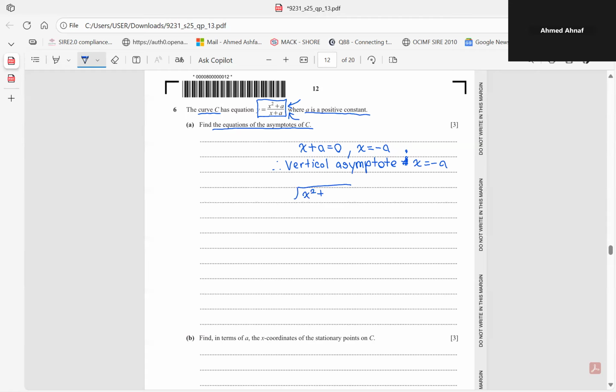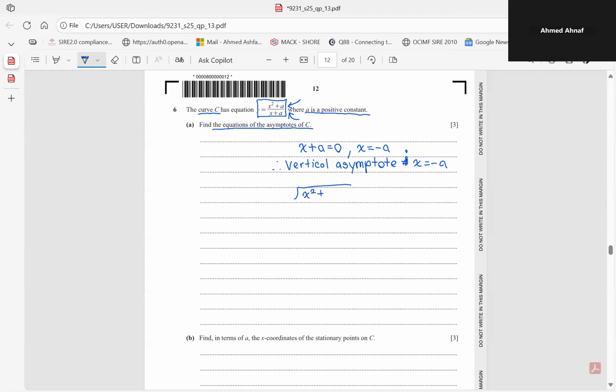So first differentiate x, so that's just 1, and then minus the derivative of a, so that's 0, so 1. And now we're going to differentiate a squared plus a times x plus a to the power of -1.